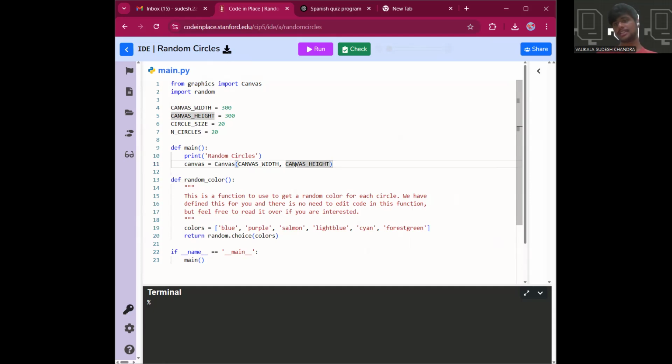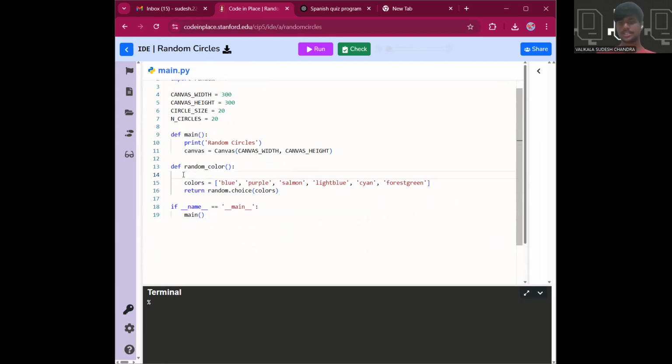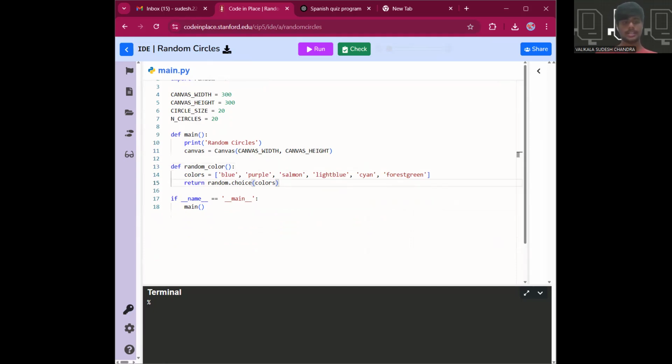Before drawing the circles, we make sure we are creating the canvas properly. We have been provided the circle size and the number of circles that we want to draw. So everything is good, and this is the function we're going to deal with for creating the random circles. So we'll just remove this part. Right, let's start.